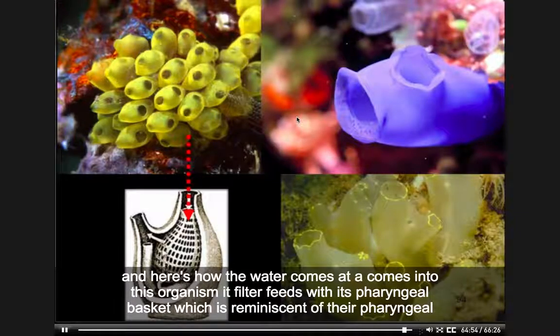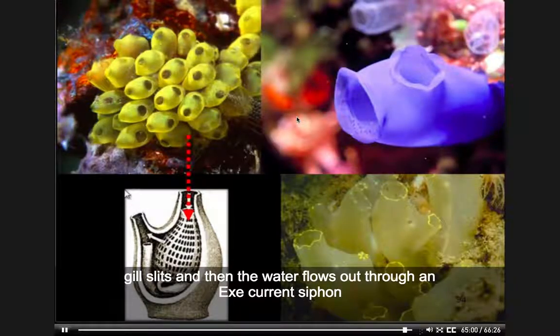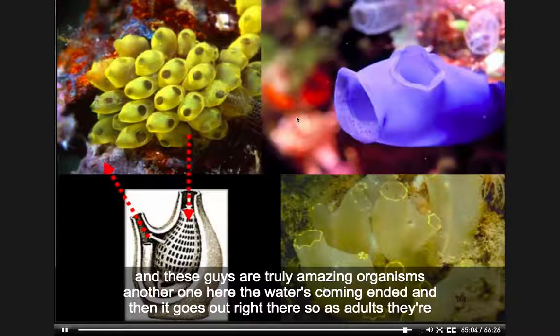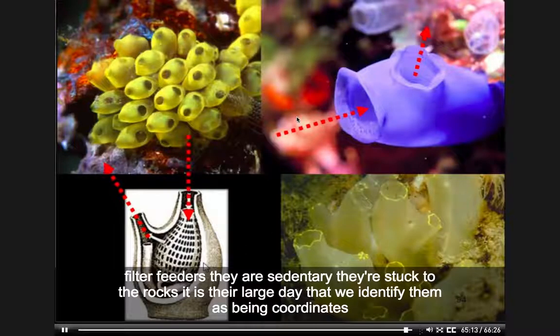It filter feeds with its pharyngeal basket, which is reminiscent of their pharyngeal gill slits. And then the water flows out through an excurrent siphon. And these guys are truly amazing organisms. Another one. Here the water's coming in, and then it goes out right there. So, as adults, they are filter feeders, they are sedentary, they are stuck to the rocks.